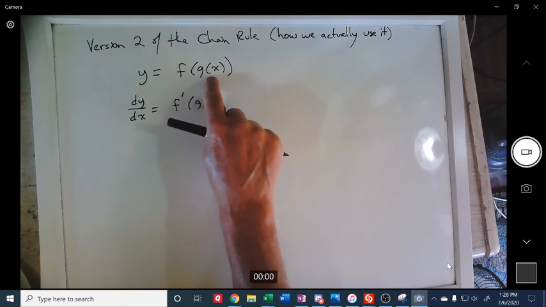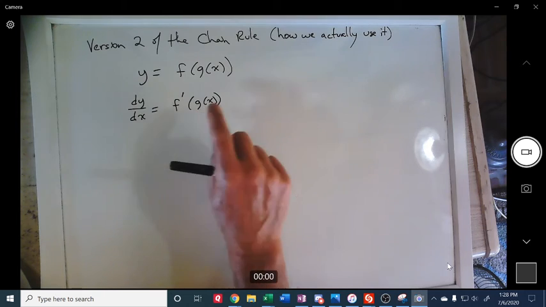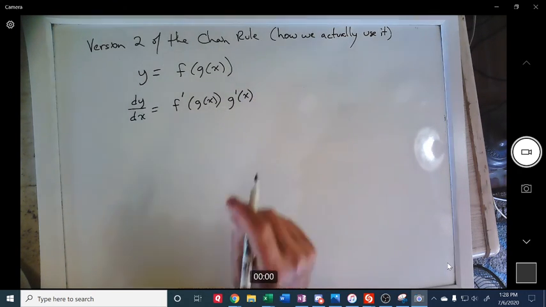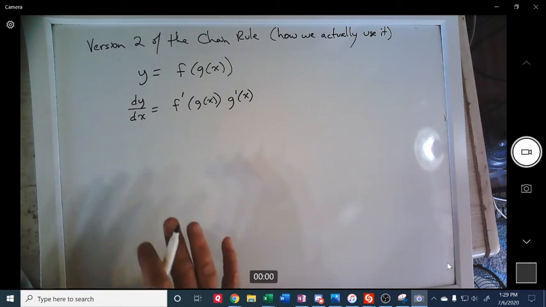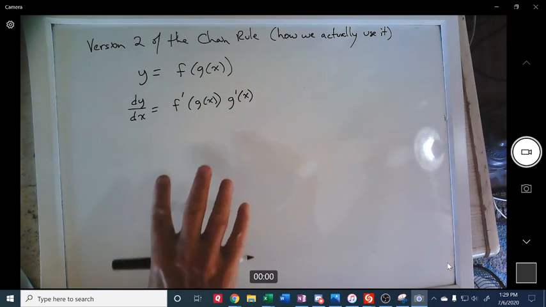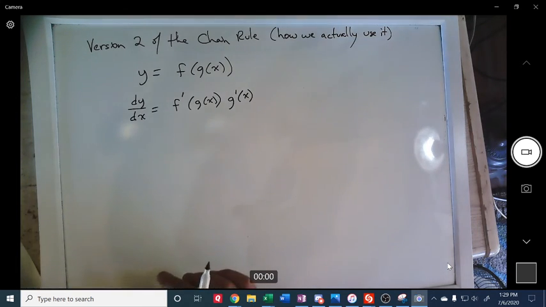We leave the innermost function intact inside that, and then we chain along the derivative of the inner, like this. So this is how we actually see the rule in a way that we use it, where the other one is kind of a bit of why the rule works, because of that simple cancellation in those fractions.